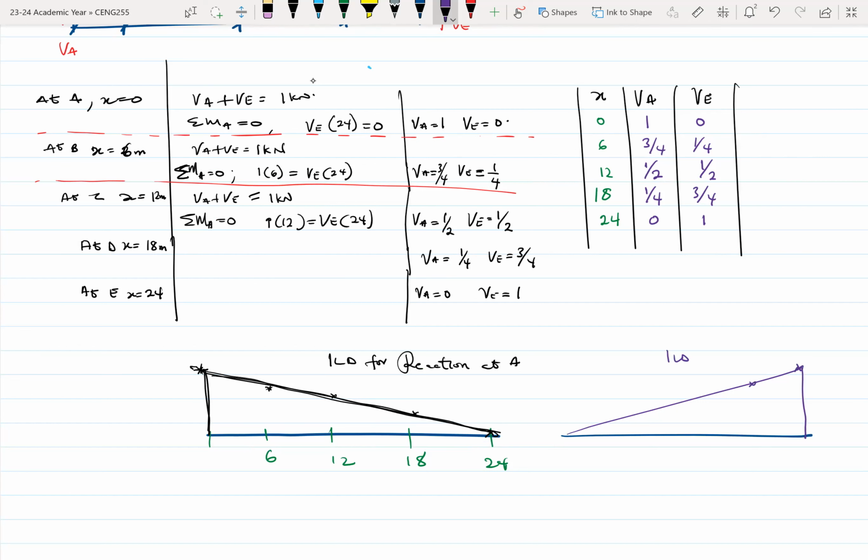Note the points as we go from 0, 6, 12, 18 to 24. Here's 1. This is 3/4 over here, 1/2, and then we have 1/4. All right. So this is the ILD for the reaction at B.